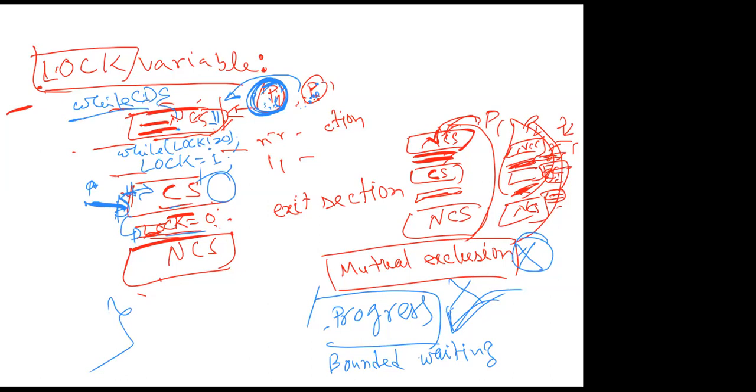What is bounded waiting? We consider these two processes P1 and P2. Once P1 completes its critical section, P2 also tries to enter the critical section. Let's check whether P1 can starve or stop process P2 an indefinite number of times from entering the critical section.